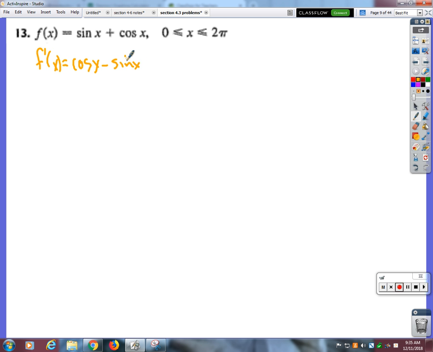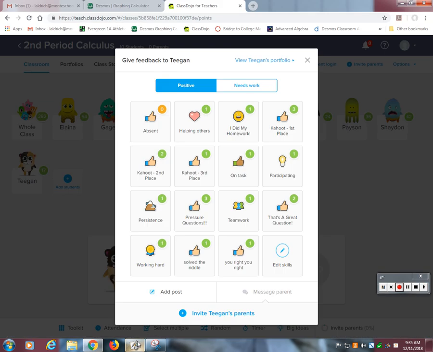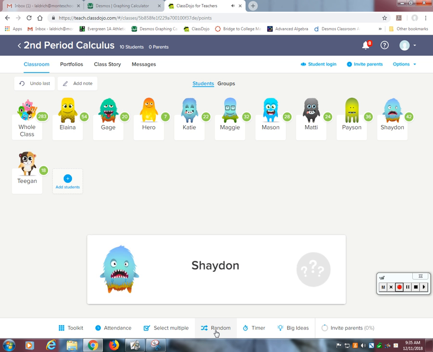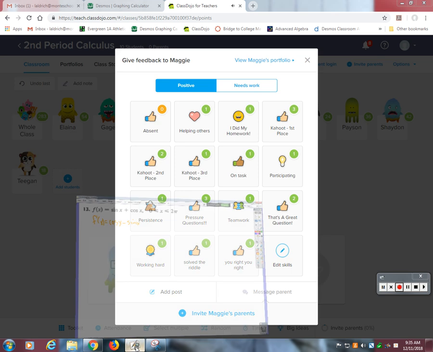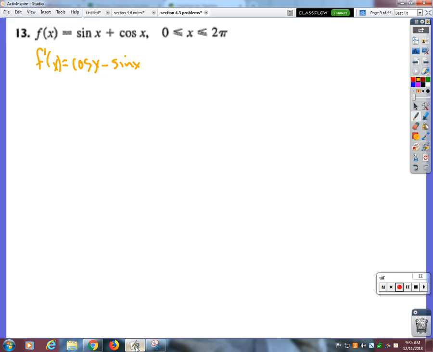Okay, everybody get that? Derivative of sine is cosine, derivative of cosine is negative sine. Oh, Maggie, what do I do now? Okay, so cosine of x minus sine of x equals 0. How do I solve that?